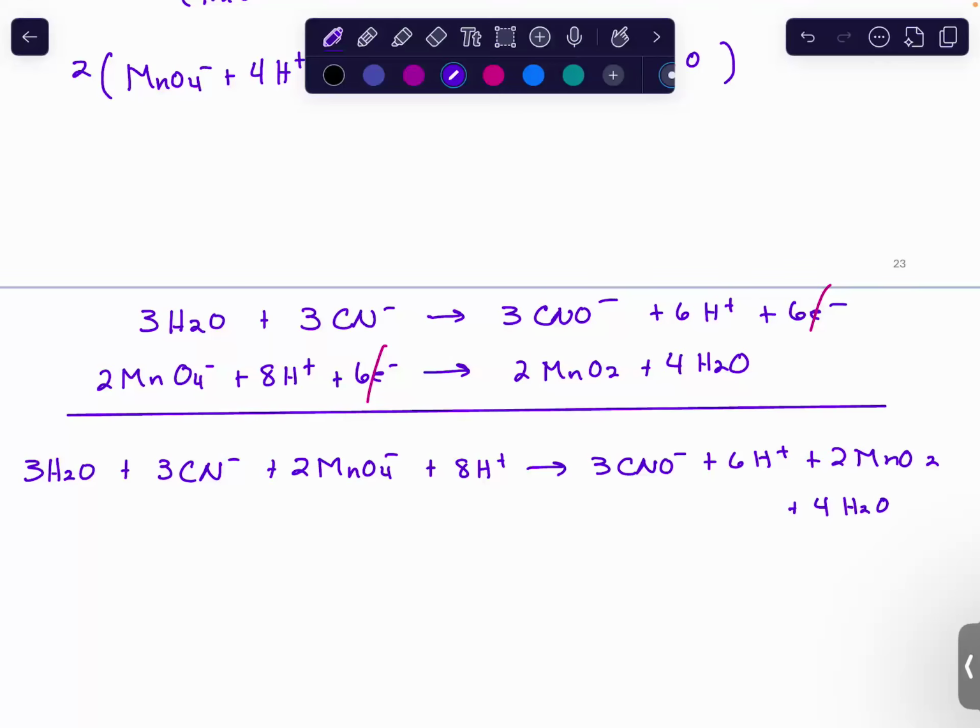Okay, I think I got everything there. Now, here's where the extra steps come in.